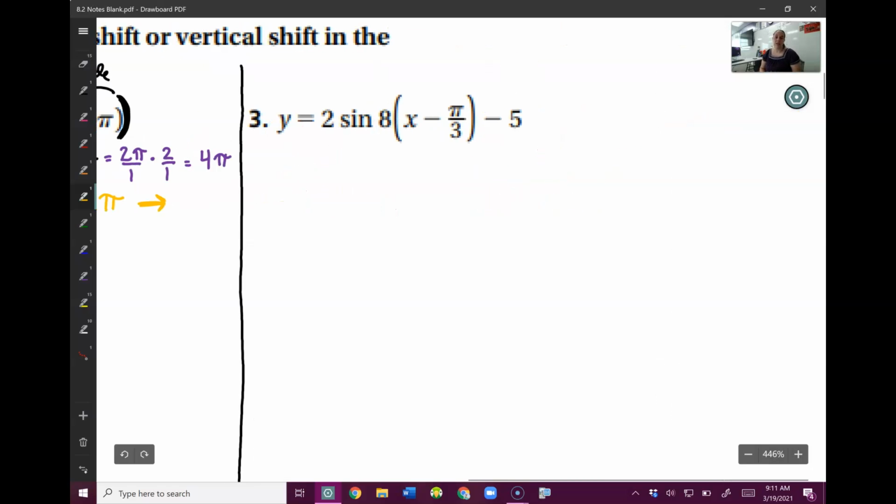Okay, let's do one on your own. But I'm actually going to change the numbers on this problem because if you do it like it's written here, it gets really gross and weird fractions and things like that. So we are going to change this 8 right here to a 2 pi. We're going to change this pi thirds right here to a 3.